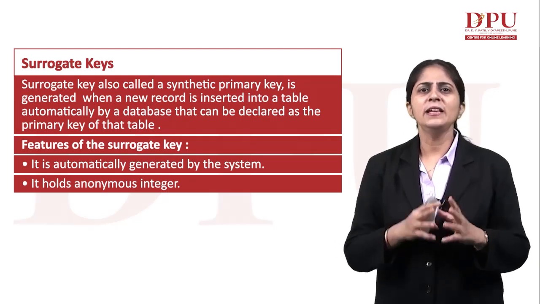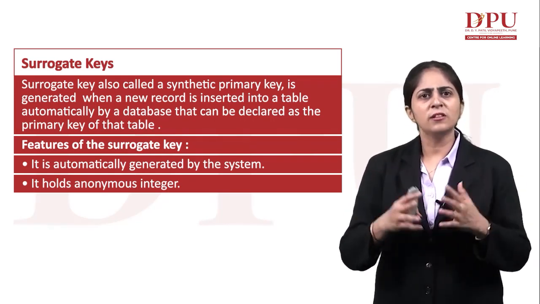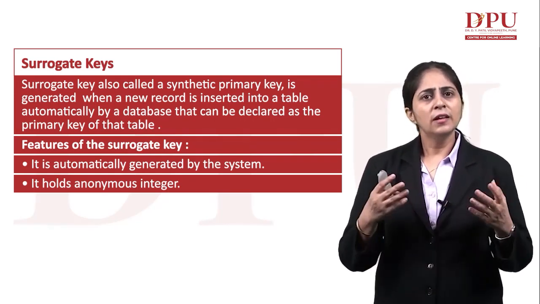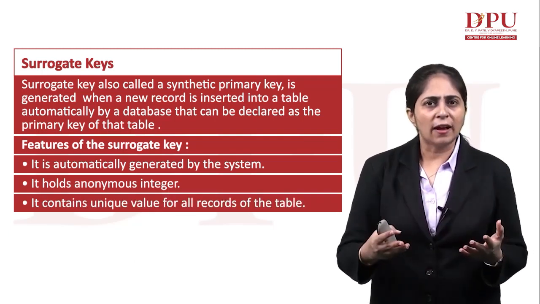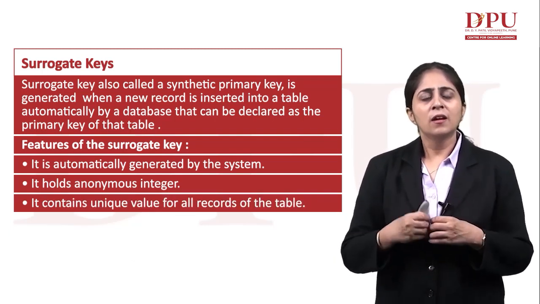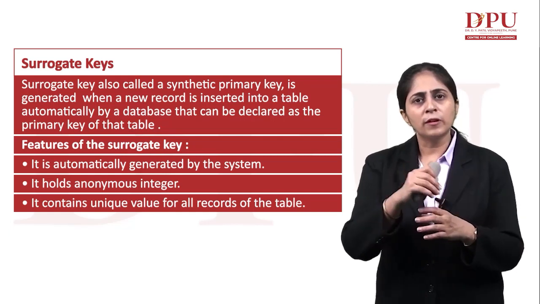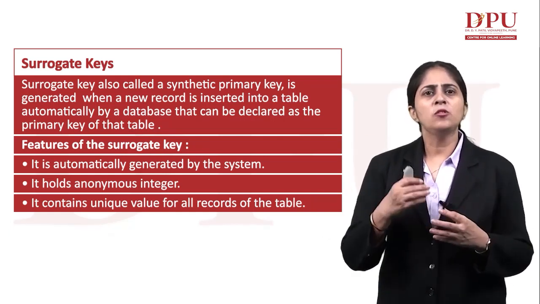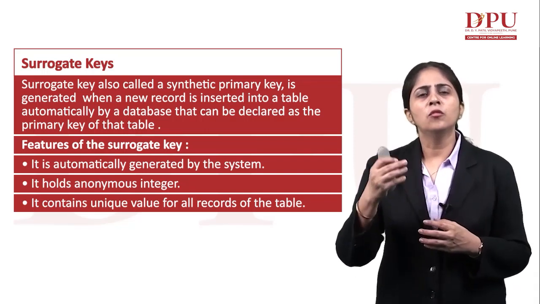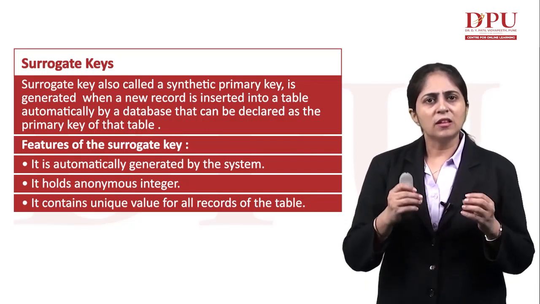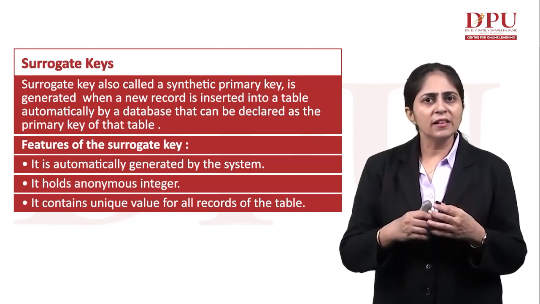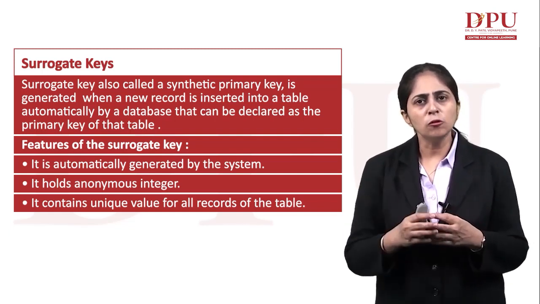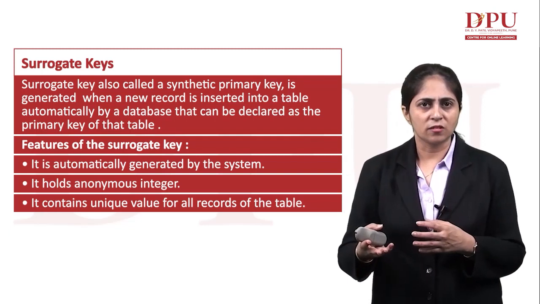It can hold any anonymous value. Next, it contains a unique value for our data because it has to be used for referring to the various contents. This surrogate key contains a unique value which can be used for referring to the records.